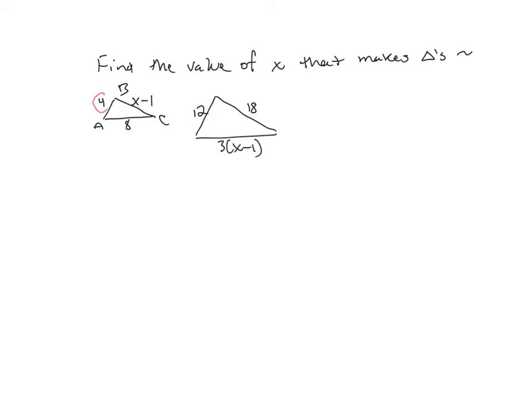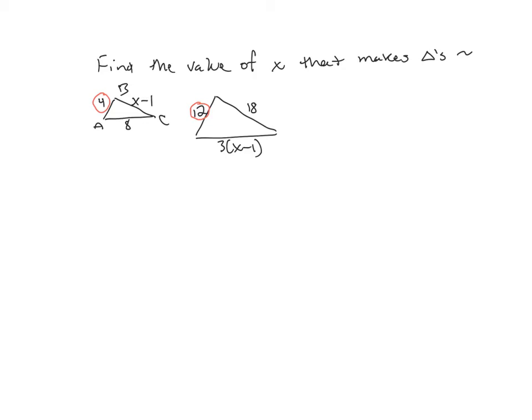I noticed that 4 goes with 12. The other ones, like the 8 on the bottom over here, goes with 3 and then x minus 1. So that has a variable involved. And then the x minus 1 goes to the 18. That has a variable involved also. So I don't want to choose those ones, because then I have an x and then I have another x, and it just makes the solving more difficult.